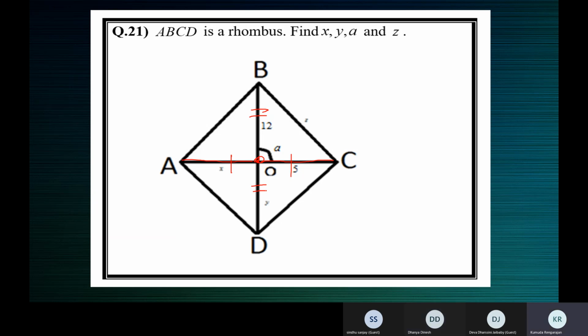Angle sum property is based on angles, but Z is a side. BC is Z, a side of the rhombus, so we cannot use the angle sum. Yes, Pythagoras theorem. Perfect. Use Pythagoras theorem and find Z.